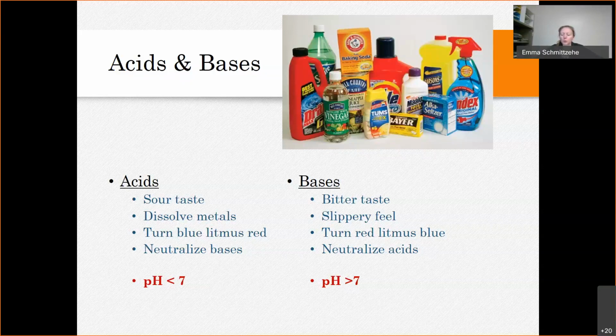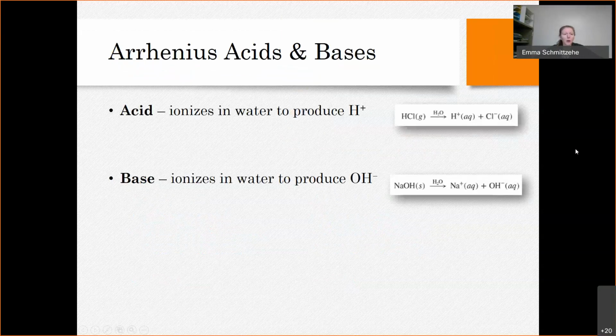So our first way to categorize acids and bases is by using what we call the Arrhenius definition. So you can have an Arrhenius acid or an Arrhenius base, okay? Or you can have something that isn't even one of those things. But if you have a substance and it's classified as an Arrhenius acid, then that is something that ionizes when it's put in water and produces H+, okay?